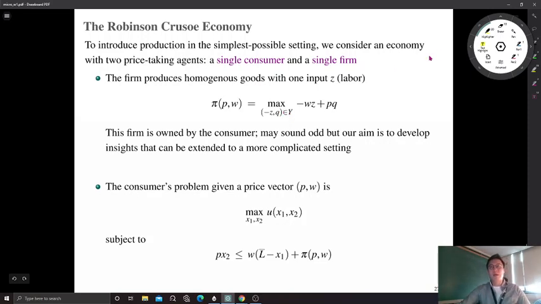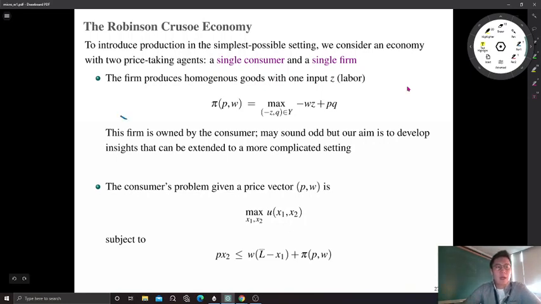Because we have one input and one output, we assume small f of z, the production function, stands for this production technology, right?